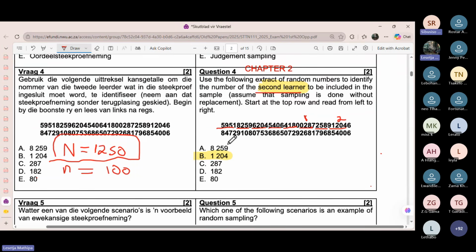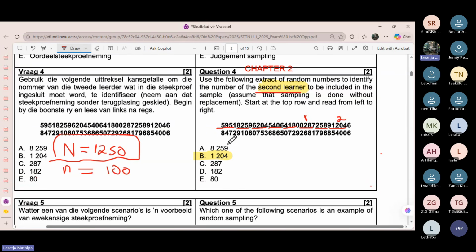Since the population is 1250, which is 4 digits, I'll focus on 4-digit numbers, but we must make sure that the random number you choose does not exceed the population size, which is 1250. The first one, 5951, is 5,000-something, which already exceeds 1,250, so you're not going to take that one.